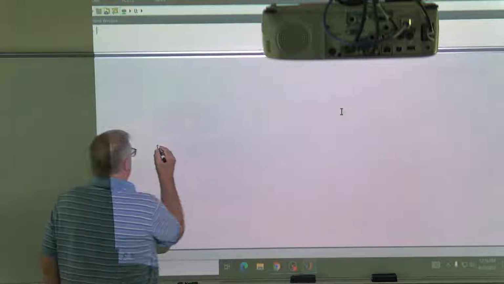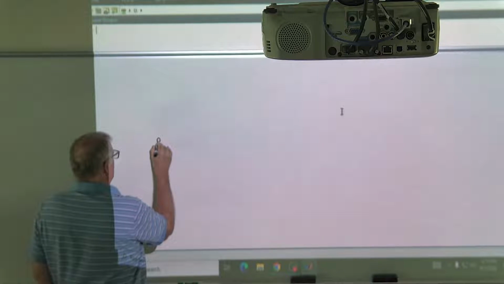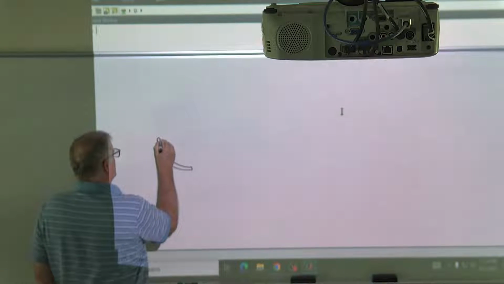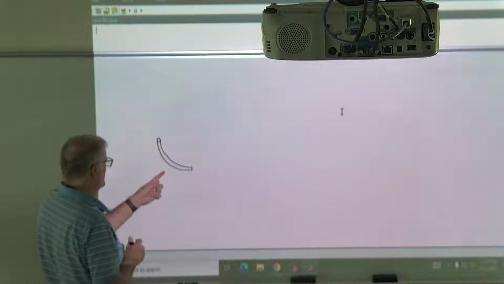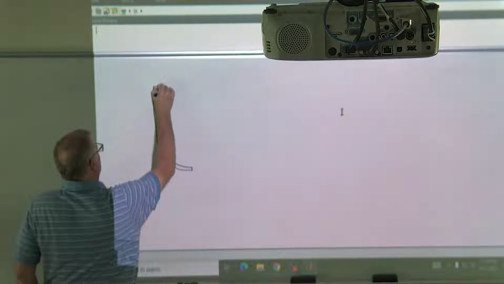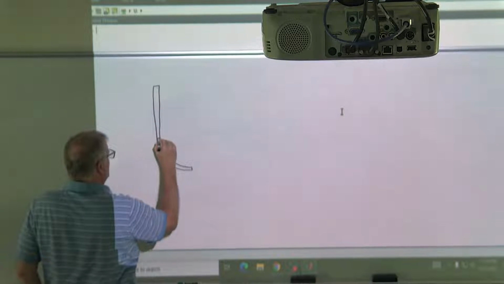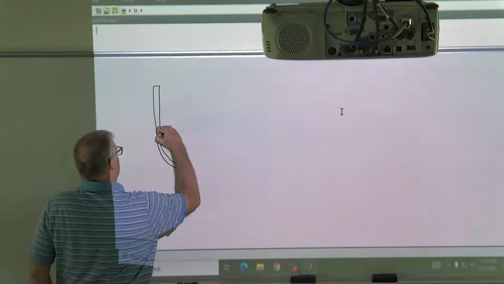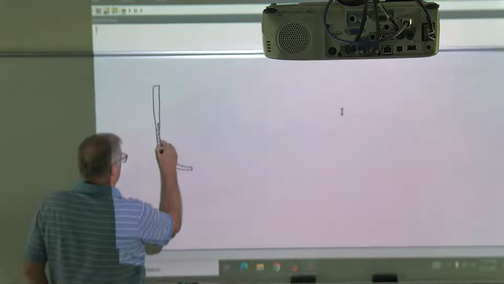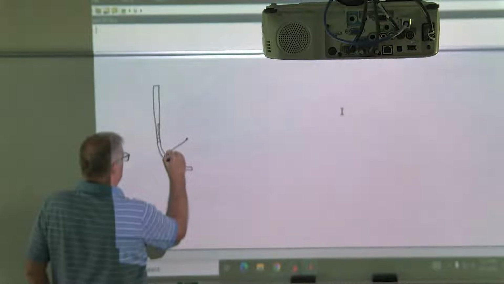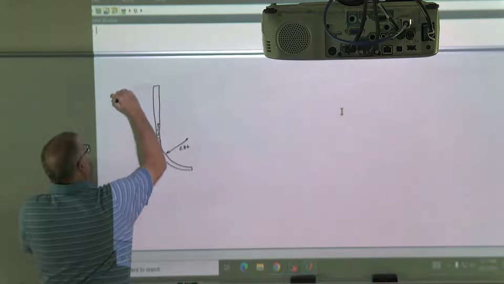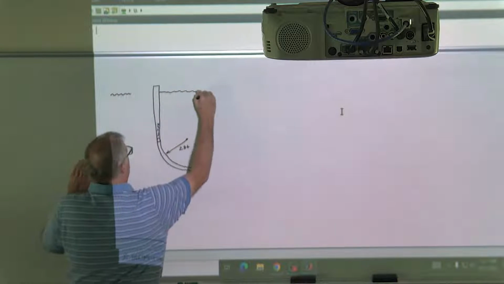So curved gates, the ones that are mostly interesting are cylinders, half cylinders, in this case a quarter cylinder. Say you have some sort of concrete, and that's a hinge point. You're interested in this, say it's 2 feet in radius there. Let's say you put water on this side first.